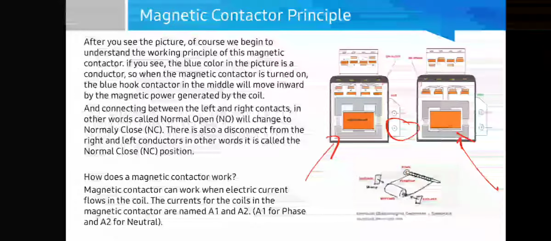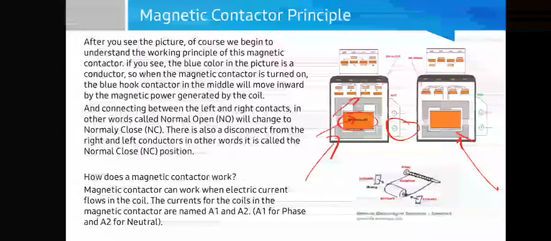is turned on, the blue conductor in the middle will move inward. This part will move inward by the magnetic power generated by the coil.